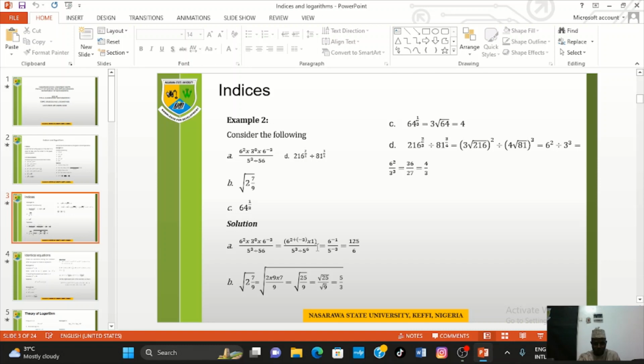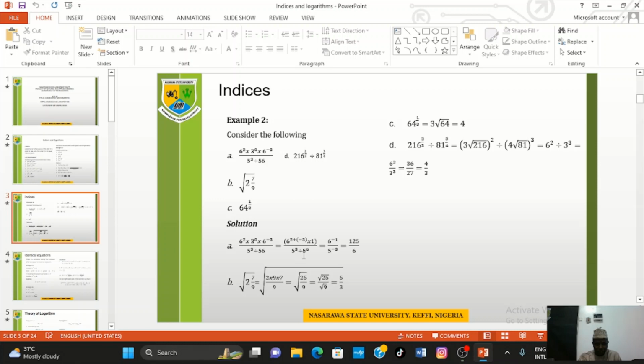So at this point we transform this: 1 times this is giving us 1. When we open this bracket, 2 plus open bracket minus 3 close bracket, we will be left with what? 6 raised to the power of minus 1, because 2 minus 3 gives us minus 1.